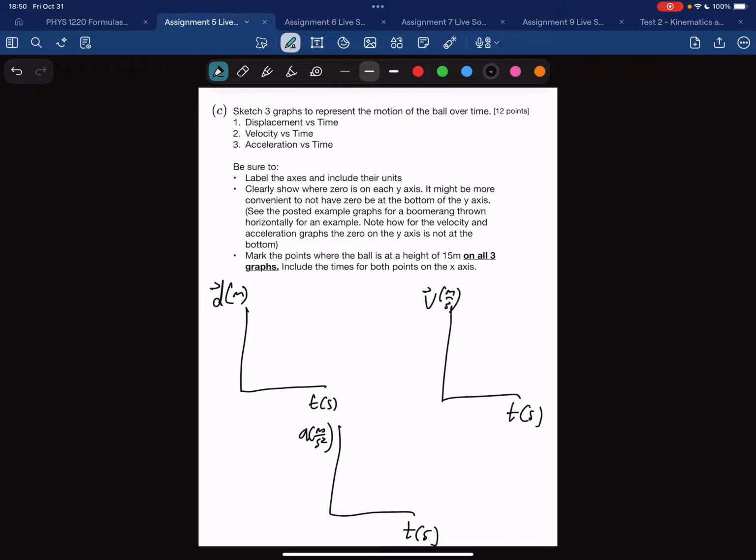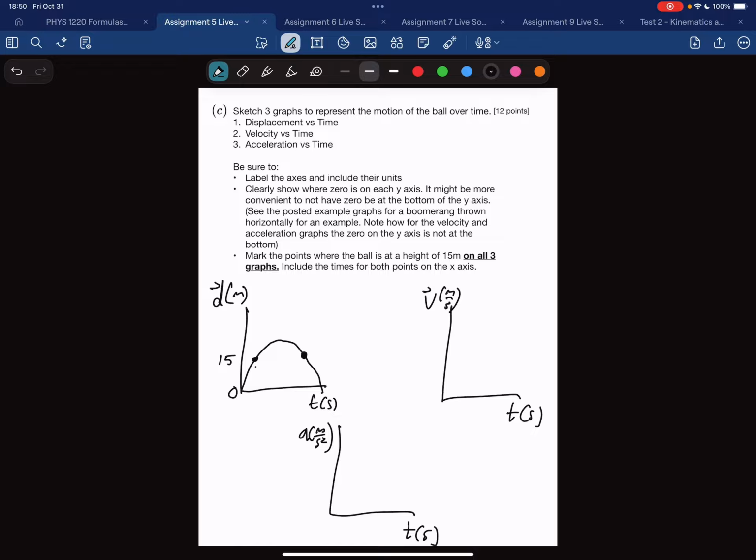I know that this is essentially projectile motion. Even though you're throwing it straight up, it's still a projectile. It still undergoes projectile motion. And we can model this with a parabola where our displacement starts at 0 and it reaches 15 meters at 2 points, here and here.